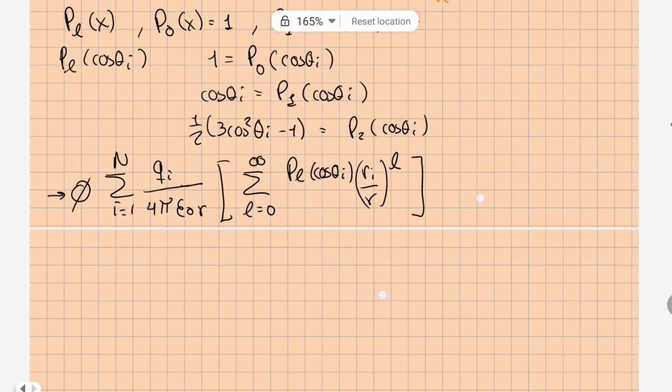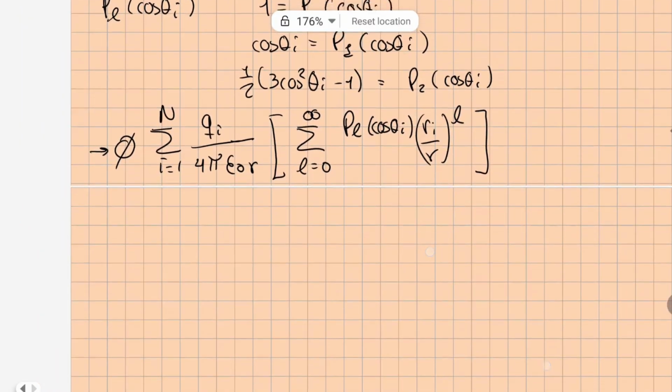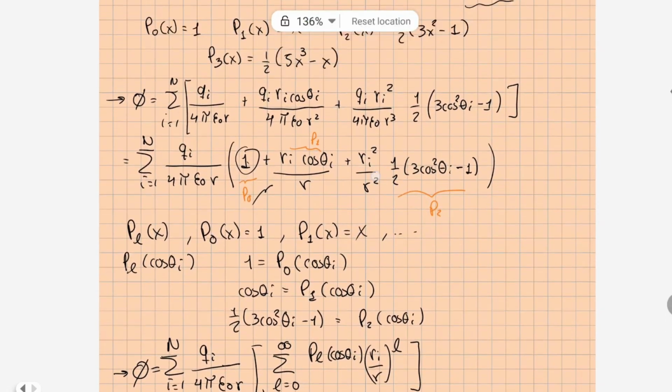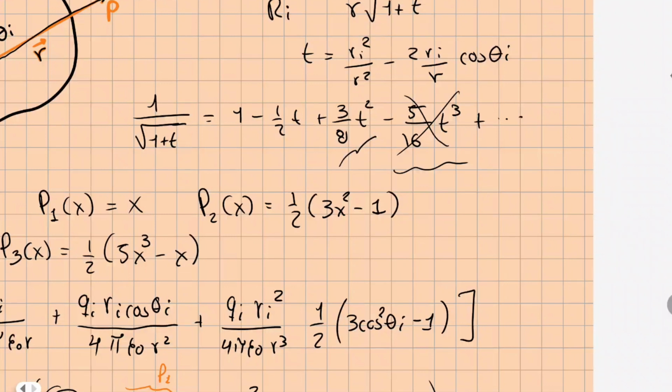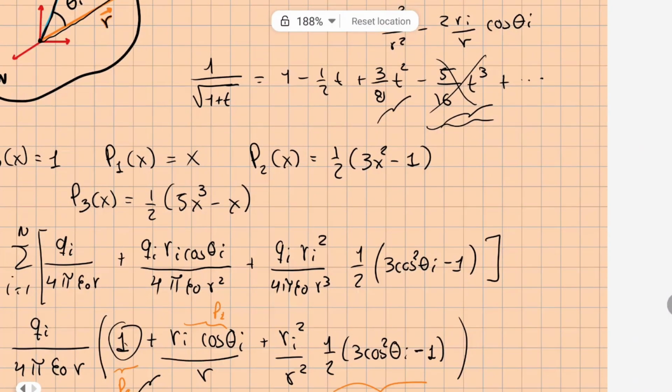Just let me explain that this infinity that we have here is to express the definition of the electric potential in a very accurate way. Remember that we were cutting at the second order approximation. In this case, we are taking the sum up to infinity, so that means that we are taking into account the cube term, the fourth power term, the fifth power term, all the way up to infinity.